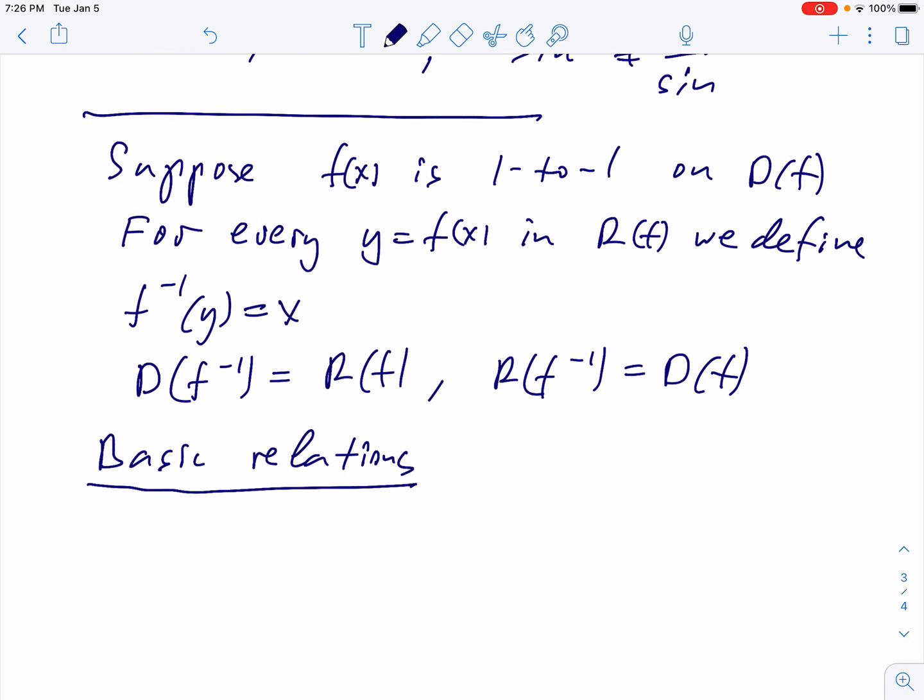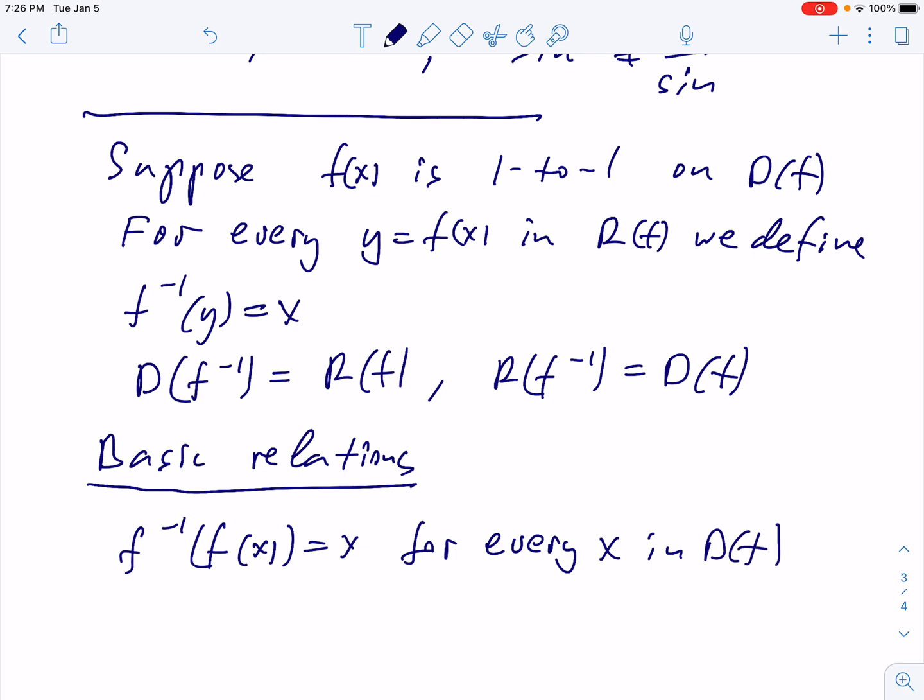f inverse of f of x equals x for every x in the domain of the function f. This is actually the equation f inverse of y equals x, because f of x is y.